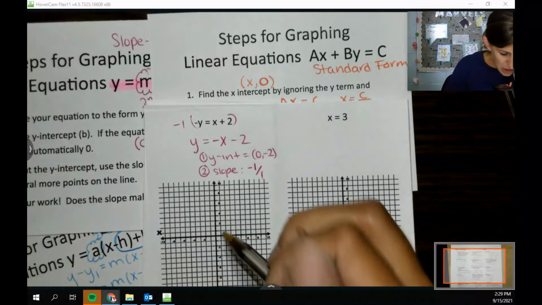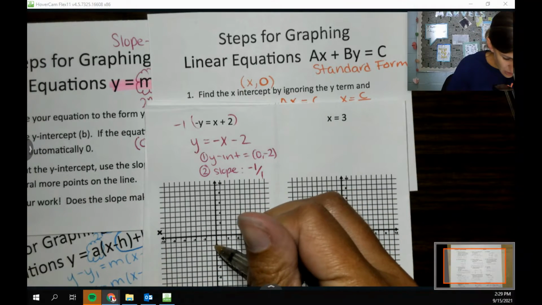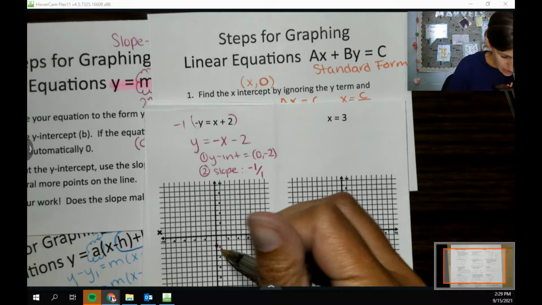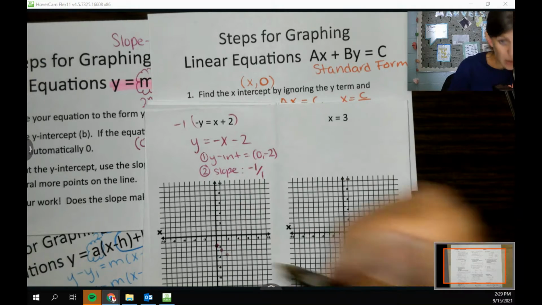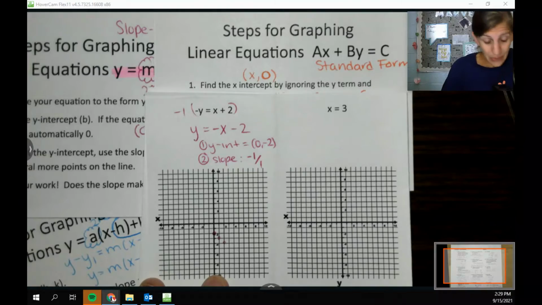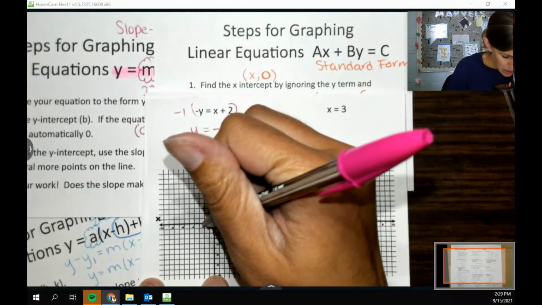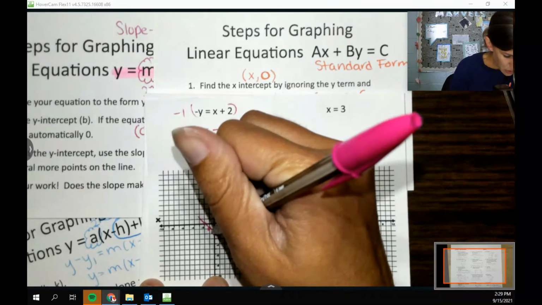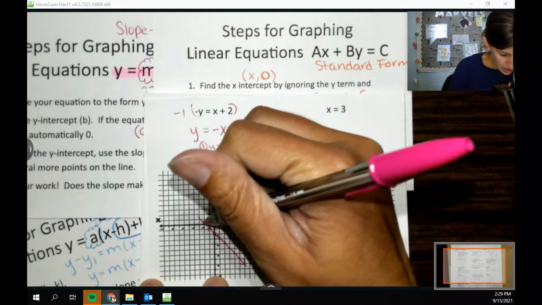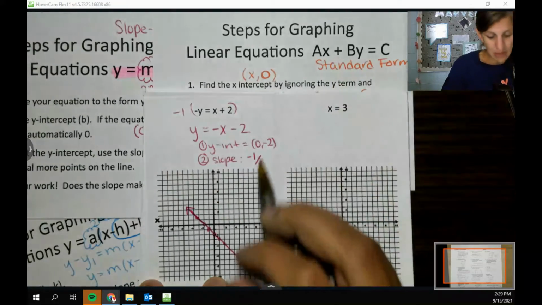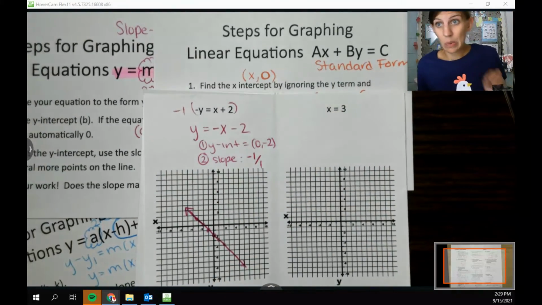And so we plot our 0, negative 2, and then we do our slope of down 1 over 1. We can do that as many times as we want. We can also do up 1, backwards 1. And again, it's important to keep in mind that we only do one negative thing. If I do 2 negative things, then I've accidentally made my slope positive, and we don't want that.